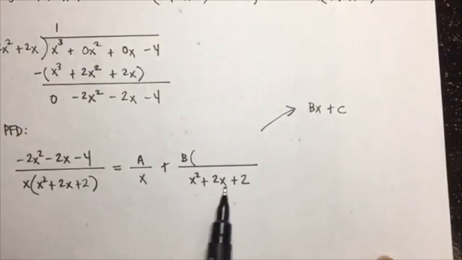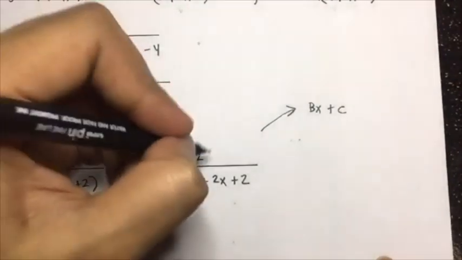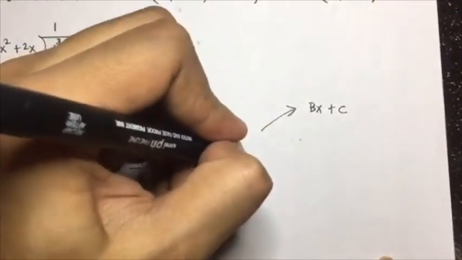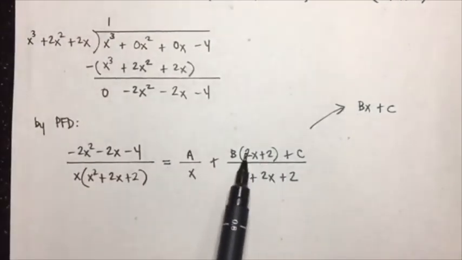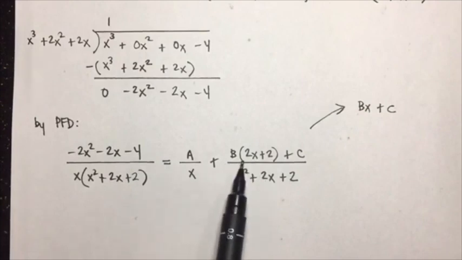So what is the derivative of the denominator with respect to x? That is 2x plus 2, and then plus C. In that form, the numerator is still linear, but later on you will appreciate this because it will be easier for us to integrate.